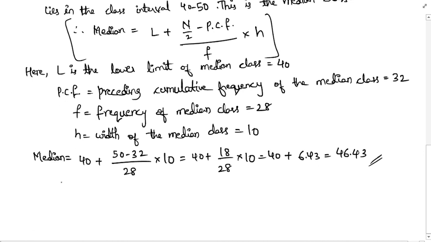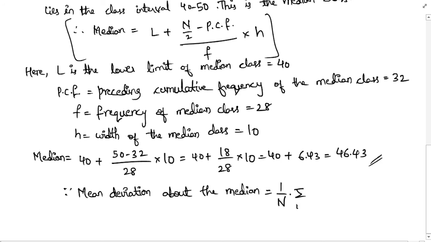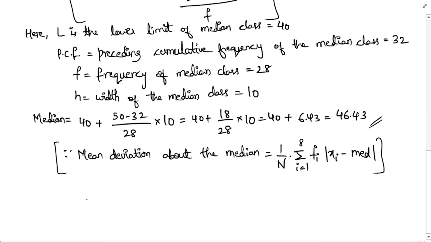From this we will now calculate the mean deviation about the median. Since we know that the mean deviation about the median formula is 1 by n into the summation of i equal to 1 to 8 of fi into modulus of xi minus median, now we will substitute our values in this formula.